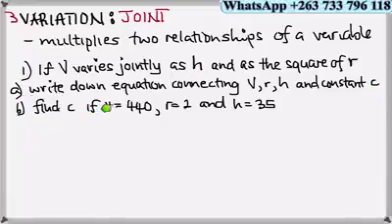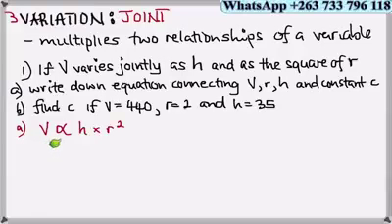Part B: find c if v is equal to 440 and r is equal to 2 and h is equal to 35. On part A, we must leave our answer with a constant. So I am not going to find the value of the constant here, and the constant is specific, we must use c, don't use k.